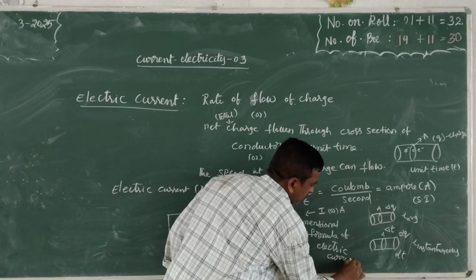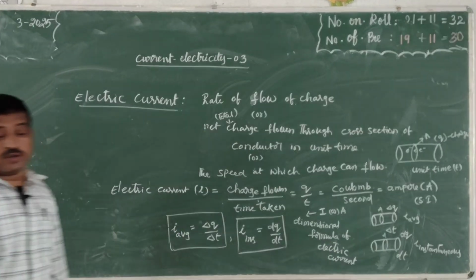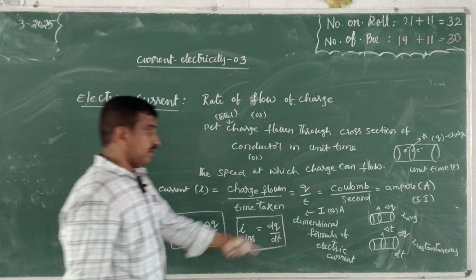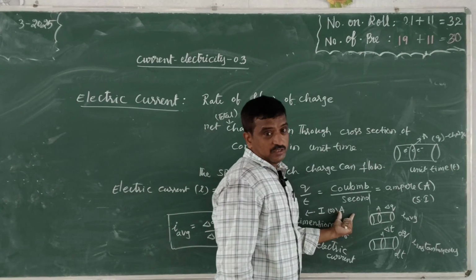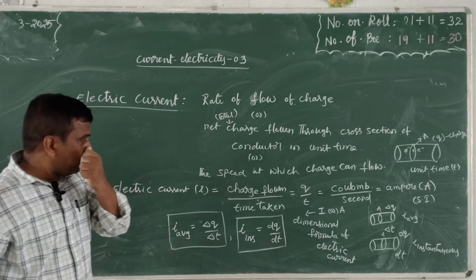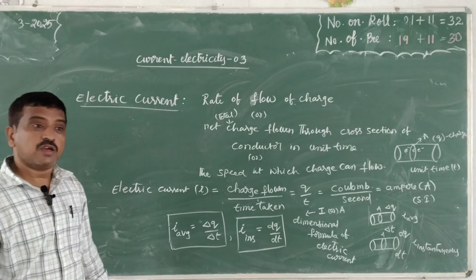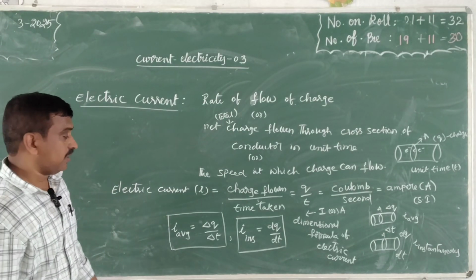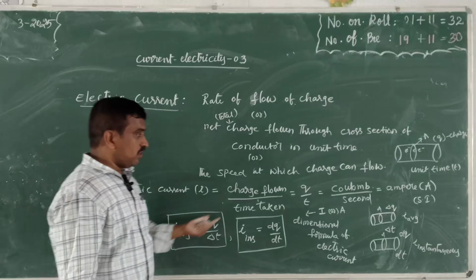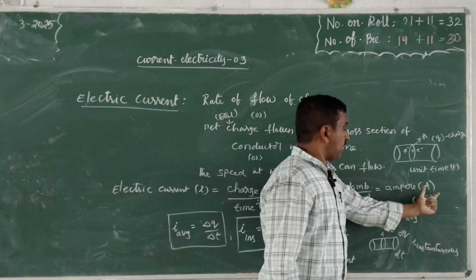It is a basic, fundamental property, a fundamental quantity. So the dimensional formula for electric current is either capital I or capital A. What is the unit? Ampere. We represent it with the symbol A.